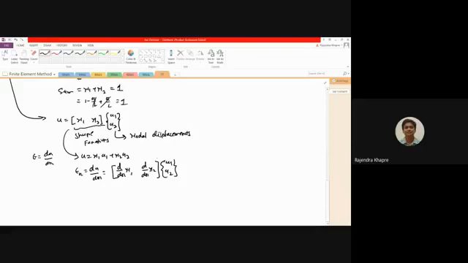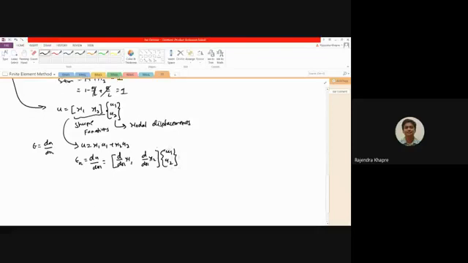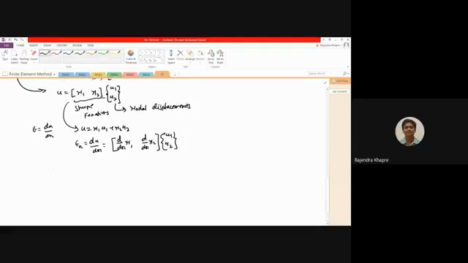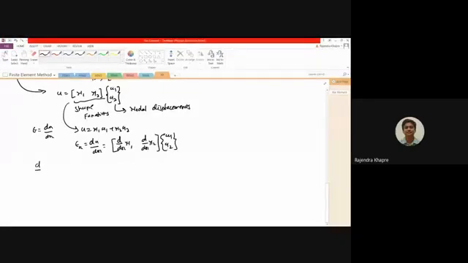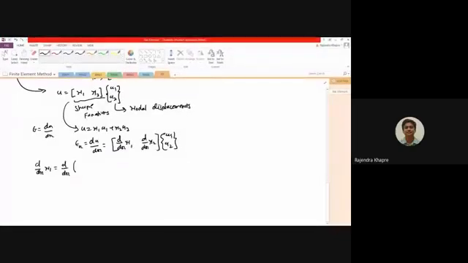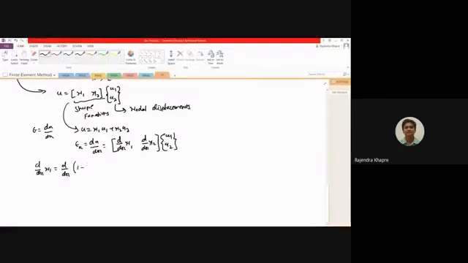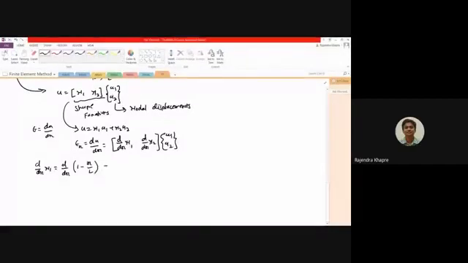So d by dx of n1, where n1 is 1 minus x upon L, if you go for a derivative of this, what you are going to get is nothing but minus 1 upon L.